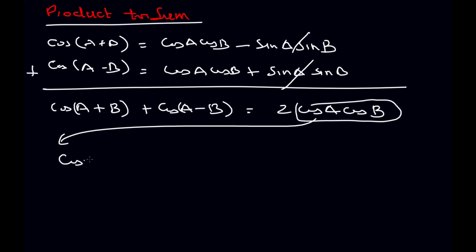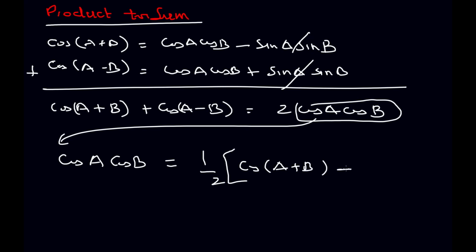So we'll have cos A cos B equal to half, then we'll have cos of A plus B, then plus cos of A minus B. Right. So this is how you work out this product to sum.